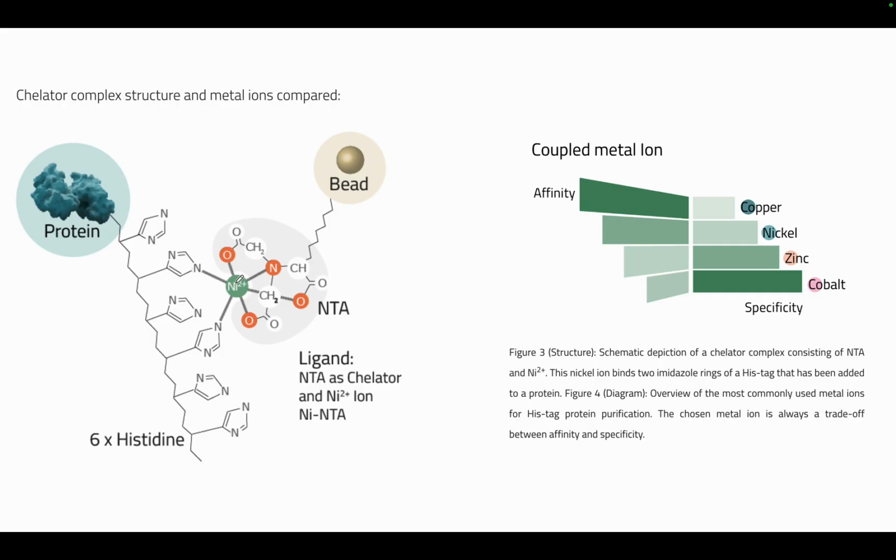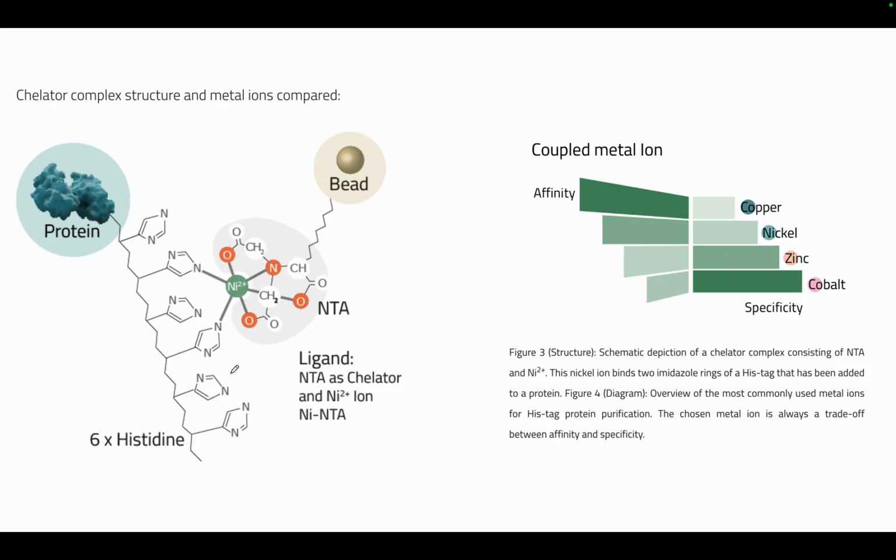What the nickel ion is then able to do is bind to two histidines which are separated by this much distance. So our tag should have at least 3 histidines, so that these 2 histidines are in the correct place to bind to the nickel ion. To make sure this interaction takes place properly, we normally have multiple histidines in the tag.